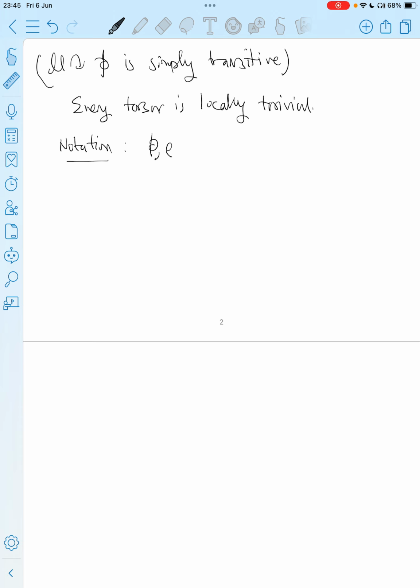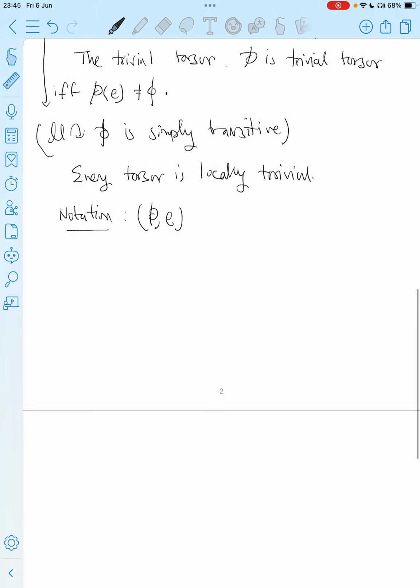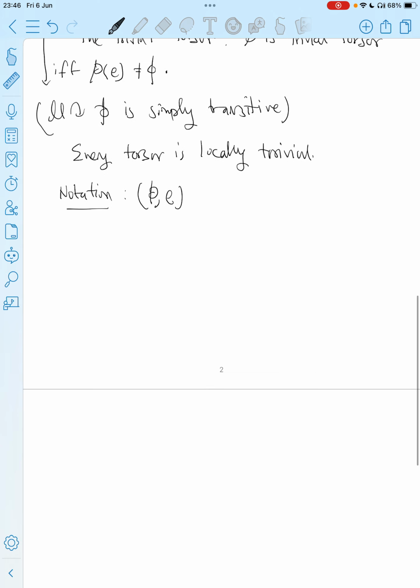This P is the one that I just said above, and this rho is the action mark, the action.